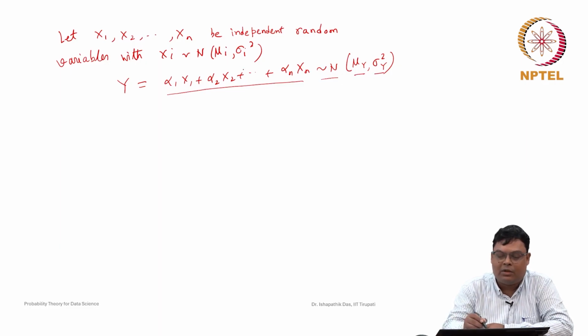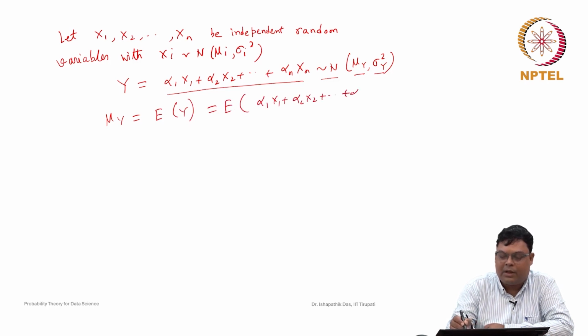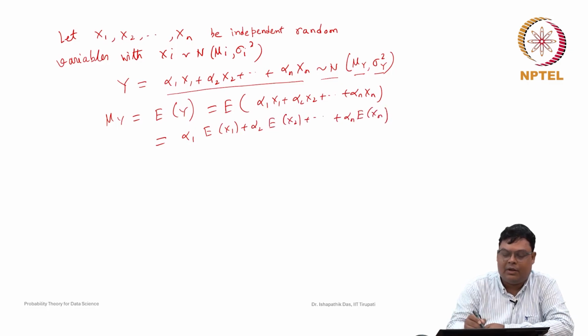What will be the mean of this y? Mu y is nothing but the expected value of y, which is the expected value of alpha 1 x1 plus alpha 2 x2 plus ... plus alpha n xn. We have discussed that expectation is a linear transformation. So, this can be written as alpha 1 times the expected value of x1 plus alpha 2 times the expected value of x2 plus ... plus alpha n times the expected value of xn.